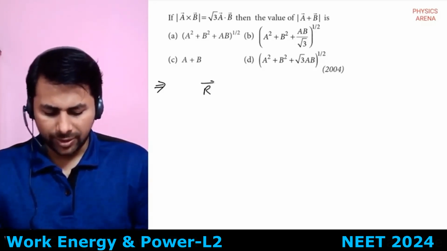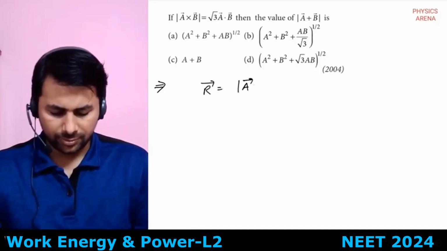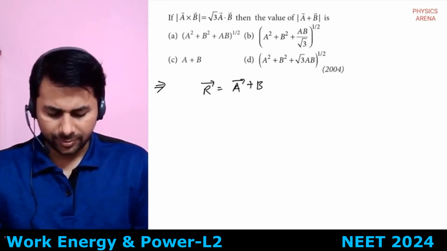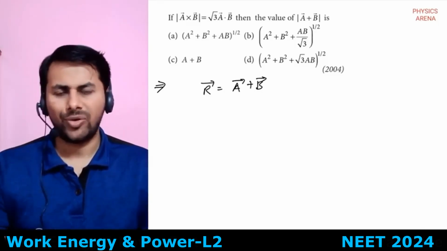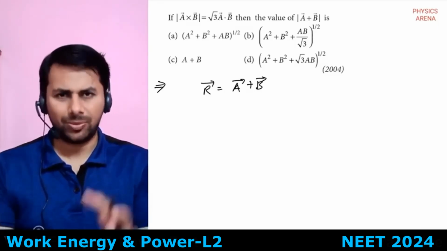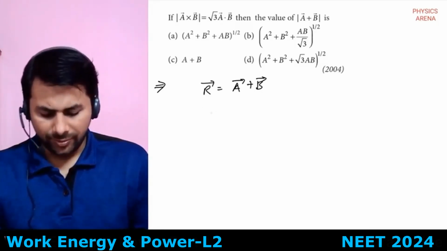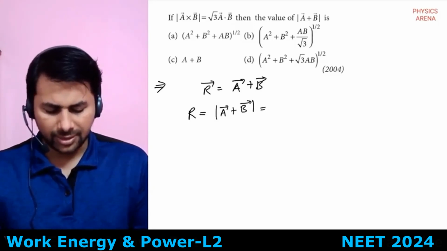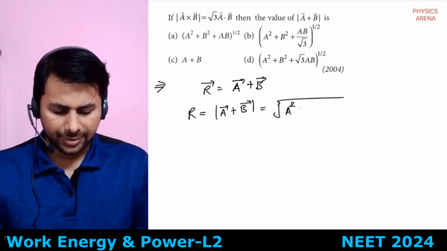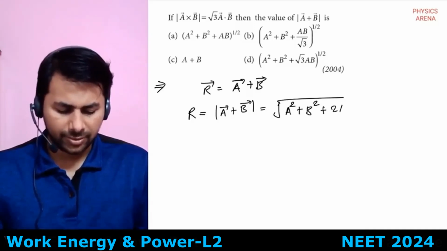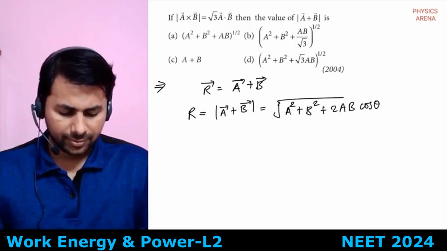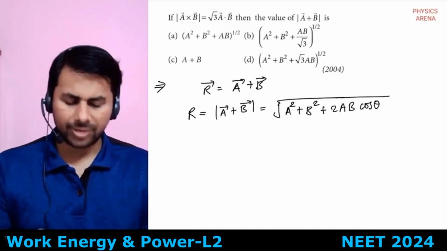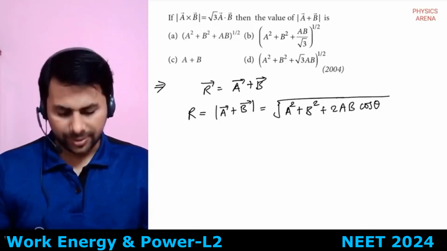Let's suppose r bar is equal to a bar plus b bar. What will be its magnitude? You want magnitude of a bar plus b bar, right? So r will be equal to magnitude of a bar plus b bar, and that is equal to square root of a square plus b square plus 2ab cos of theta.